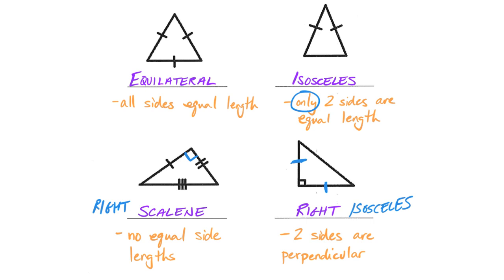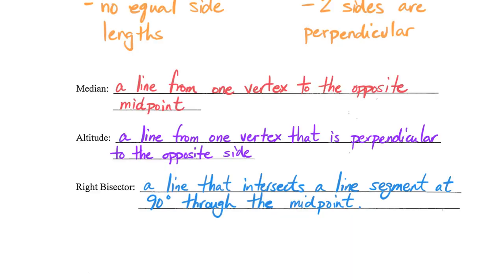Now what I want to do is jump to the bottom of the page and give you a chance to get down some definitions. You are going to be responsible for proving that something is a median. You are going to be responsible for building the equation of a median. I am not going to ask you to define a median.